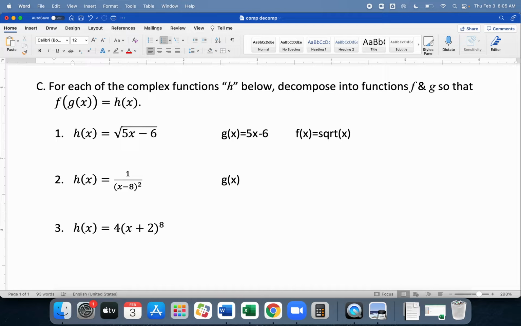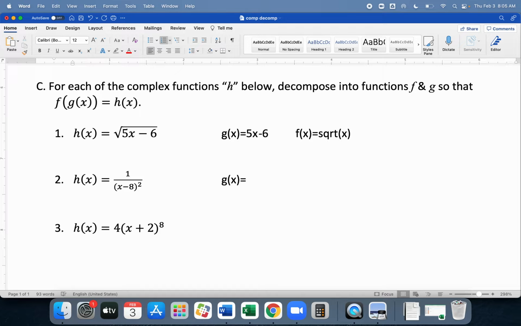Oftentimes the easiest way, like if I were plugging in a number for x, what would I do with it first? Well, that's going to be part of what your function g is. And I just want to split this into two pieces. So anyone have an idea of something to use for the first piece of computing h of x?